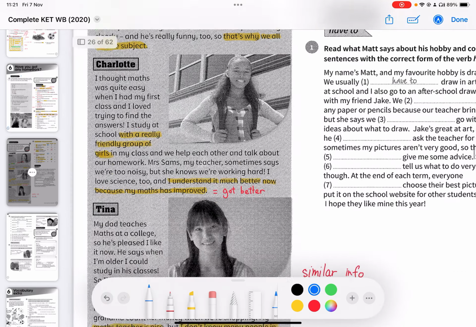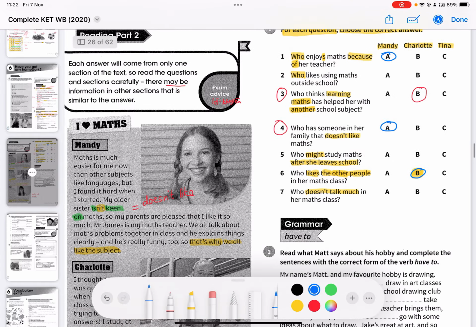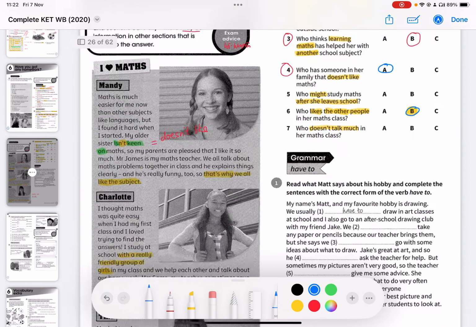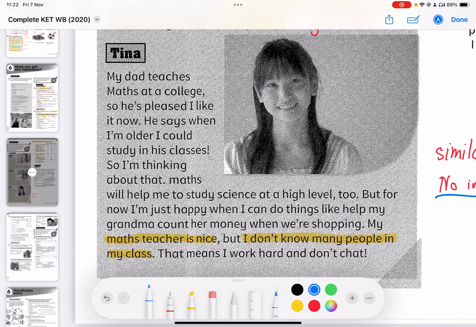And so we have the other ones. Let's check if it is right or wrong. Okay, we've got number 2. Who likes using maths outside school? Ai là người thích sử dụng toán ở bên ngoài trường học? Oh, somewhere in Tina, right? Can you find it for me? Where is it? Yes, you're right. I'm going to put it green here.